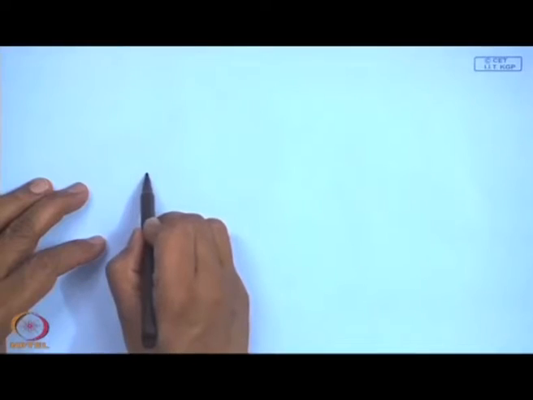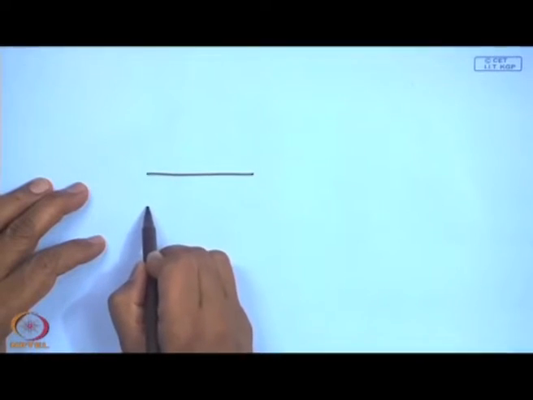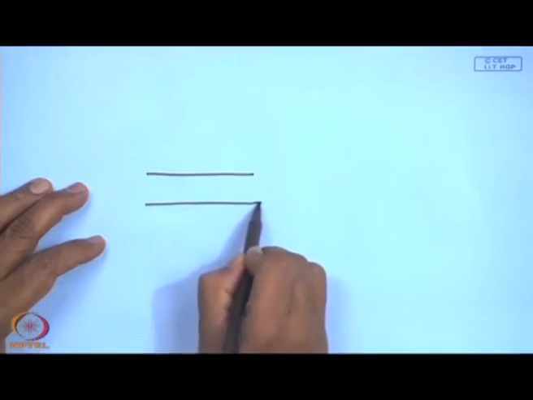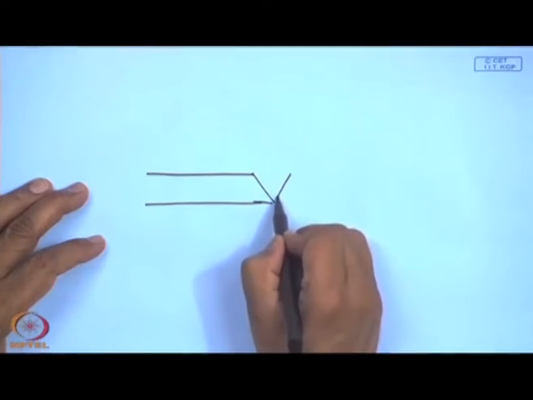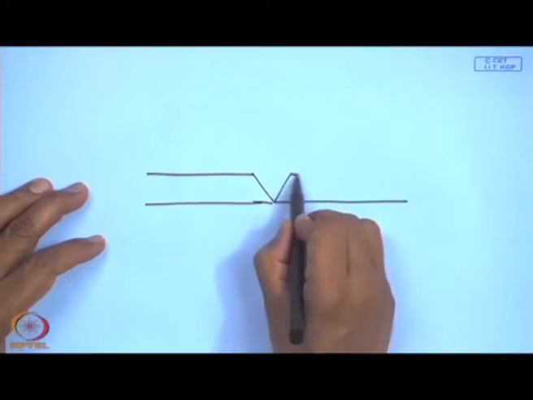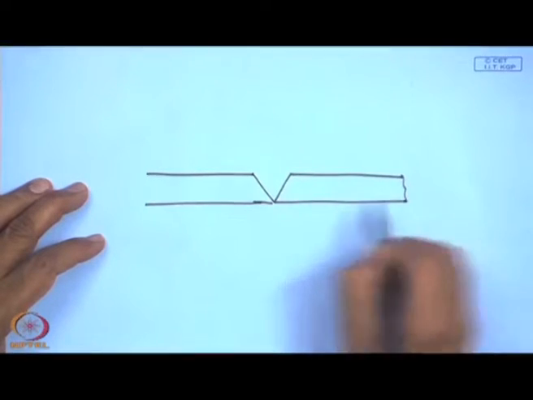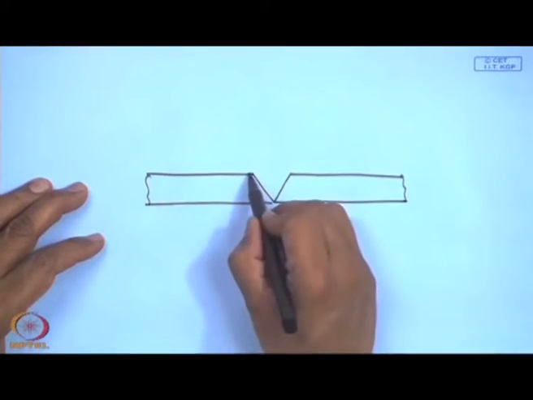Now, I will give you another example of how ultrasonic is used for weld flaw detection. For example, if I have two plates which are butt welded, there will be some sort of a chamfer angle, and these two plates are put together. So, there will be a weld deposit.